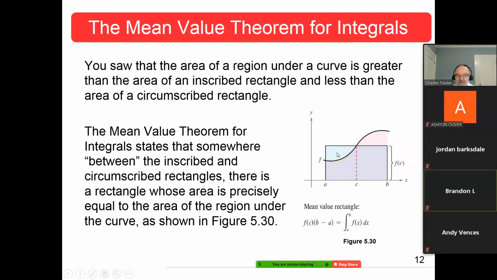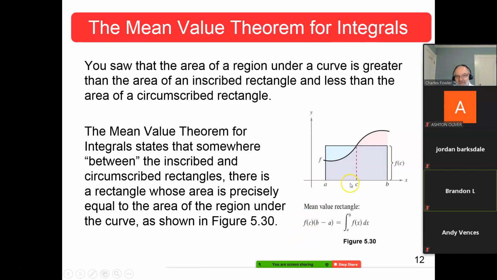And it sure looks to me that the area of this and the area of that are just about equal. So this is saying there is some point C in between A and B such that if you did f of C times B minus A, you're going to get exactly that same area. And that's what they said here.